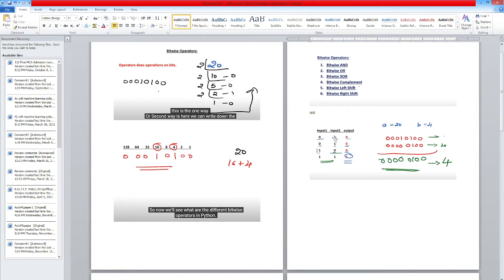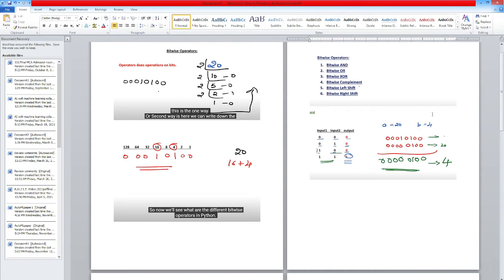Apply the rule of that table bit by bit.